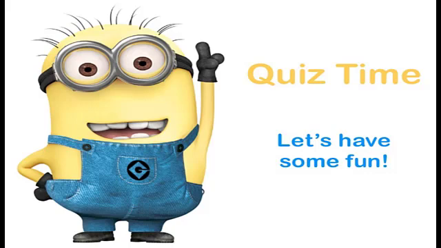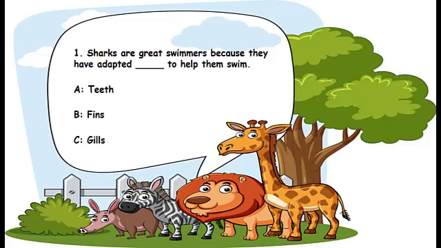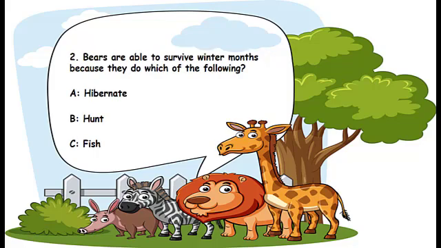Now let's have some fun because it's quiz time. Sharks are great swimmers because they have adopted dash to help them swim. Teeth, fins, gills. The answer is teeth. Bears are able to survive winter months because they do which of the following?